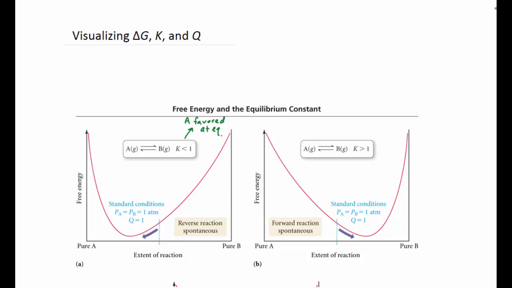So, standard conditions would be right here. Because at standard conditions, if these were gases, we would have 1 atmosphere of both of them. Okay? We would start with 1 and 1.